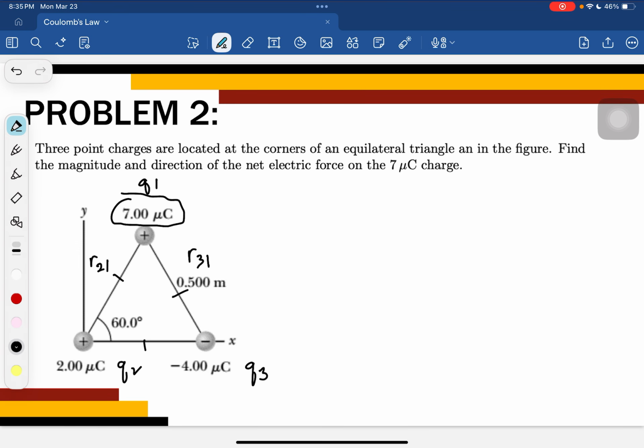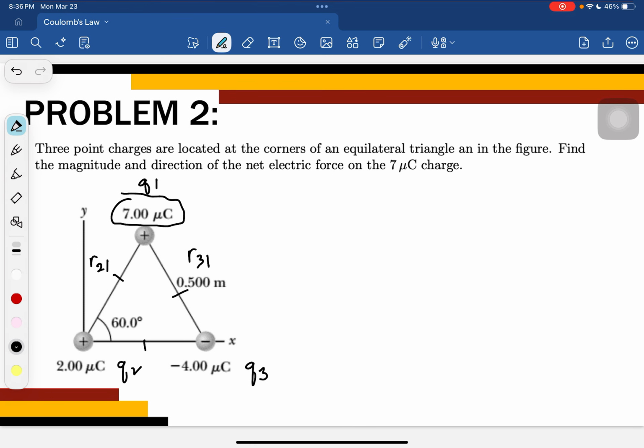No need to convert because it's given in meters, as compared to the other problem, where the distances were in centimeters. This one is straight in meters.